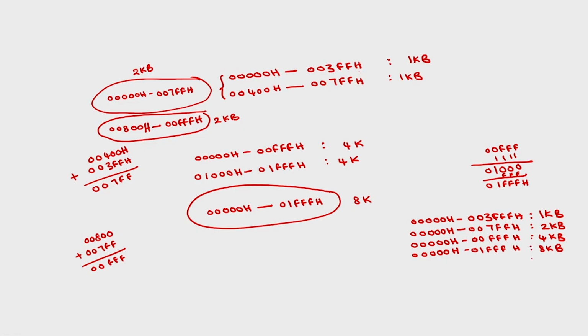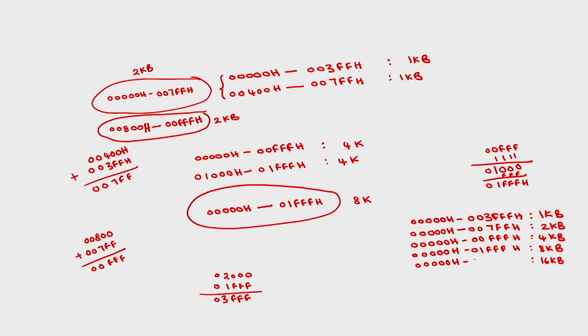Similarly, if I want 16K, the next address will be 02000 plus 1FFF, 01FFFH. This will be 03FFFH.